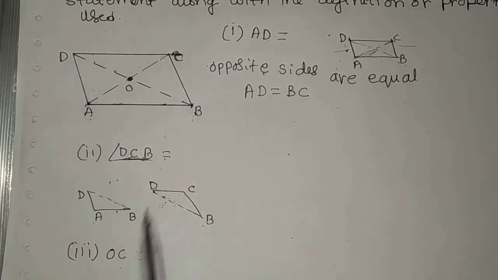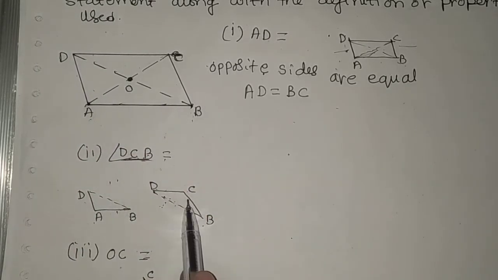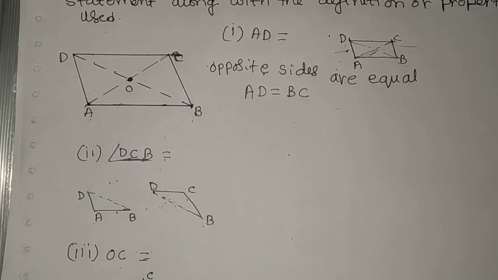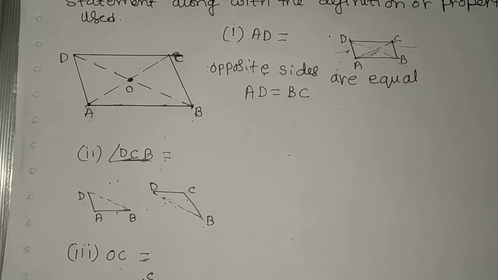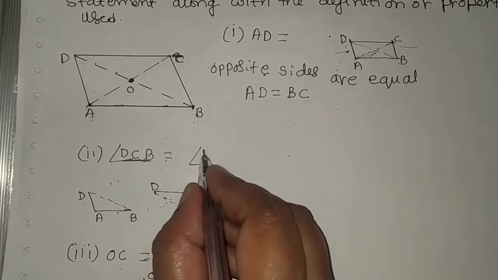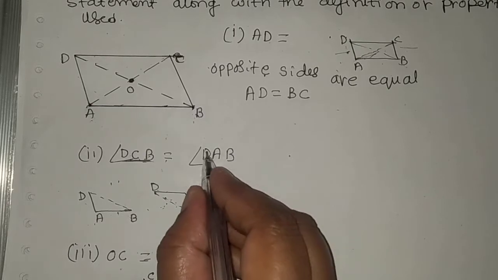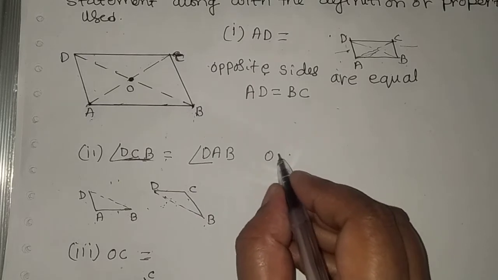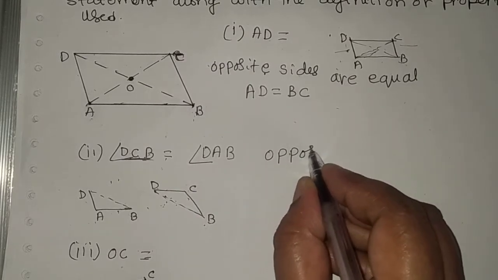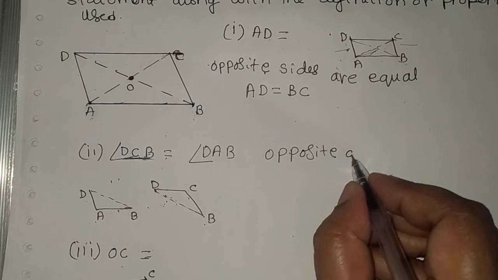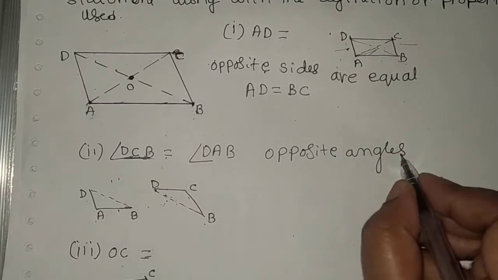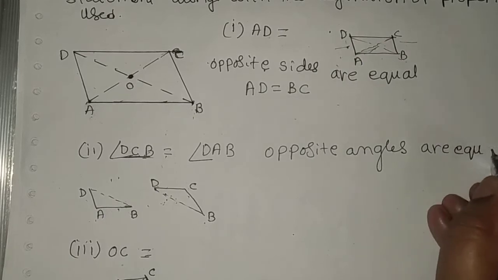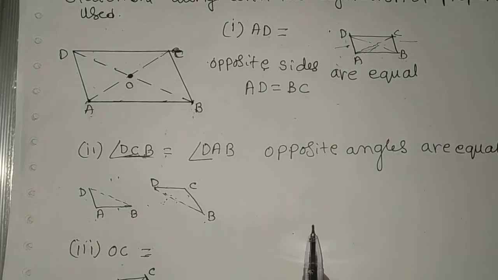Therefore angle DCB is equal to angle DAB. We write the reason as opposite angles are equal. This is the second option.